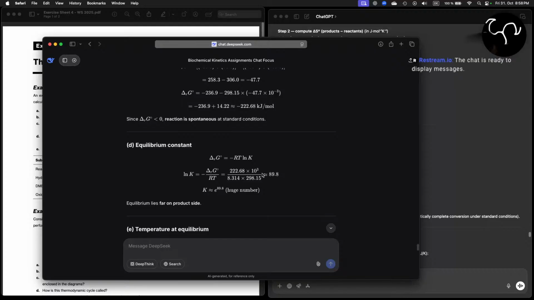No, it's plus, right? I don't understand how the values changed. 47.7, yeah, that's okay. To 36.9.